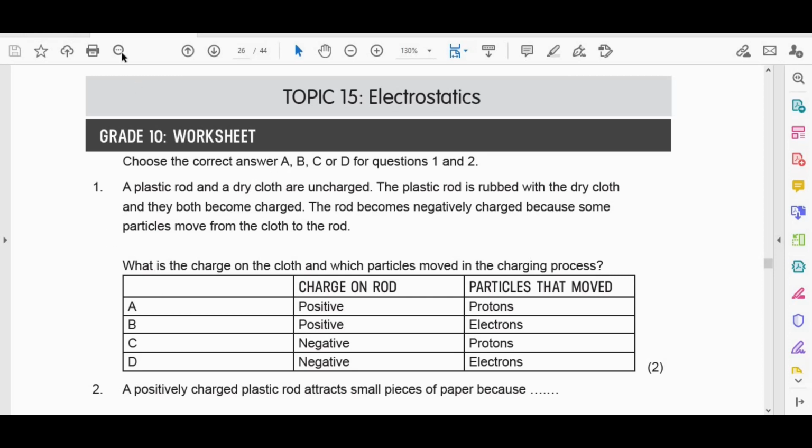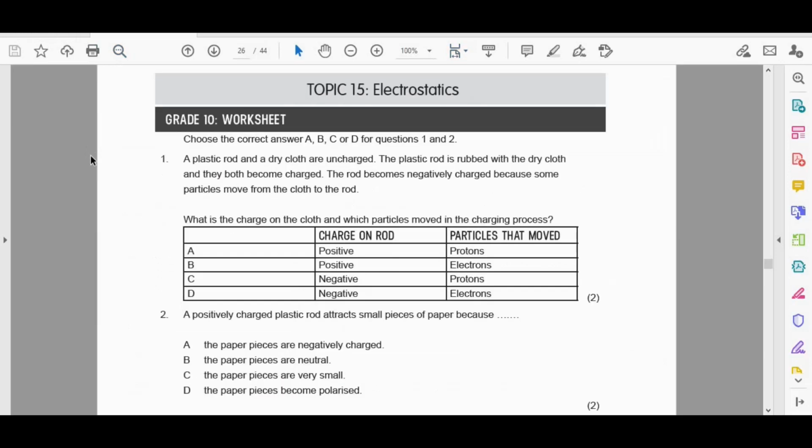Alright, we need to choose the correct answer. How we answer this question is not very difficult to understand or to grasp, because they say both become charged, but the interesting part that we need to pay attention to is that it says the rod becomes negatively charged because some particles moved from the cloth to the rod.